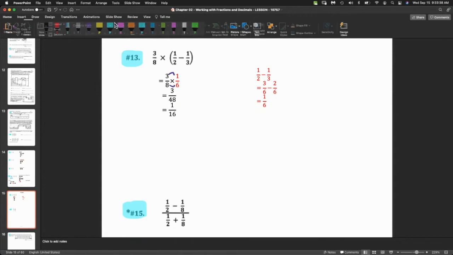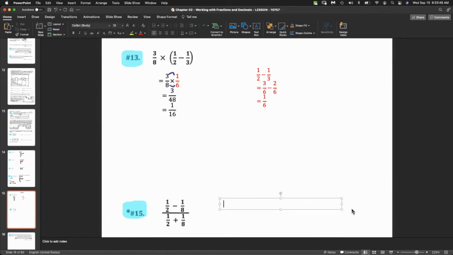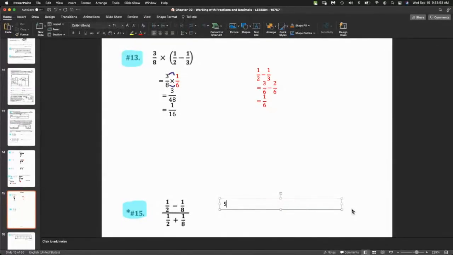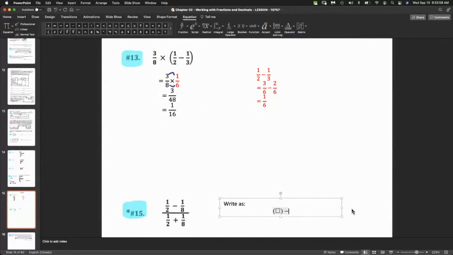Okay, this question here, I'll set it up, but I won't do this one fully because we need to move on to some application questions. So I'll just say like this question here. You could write it like this. You don't have to, but you can write it like this.